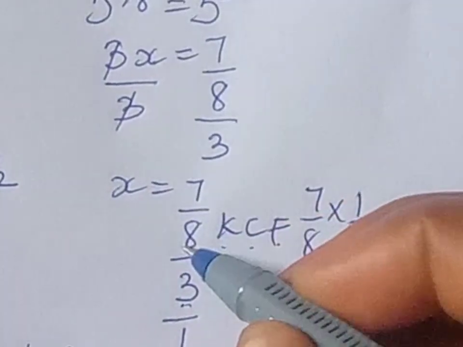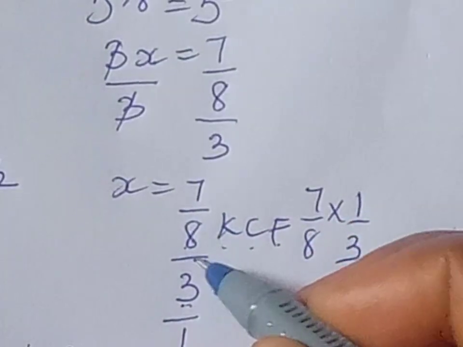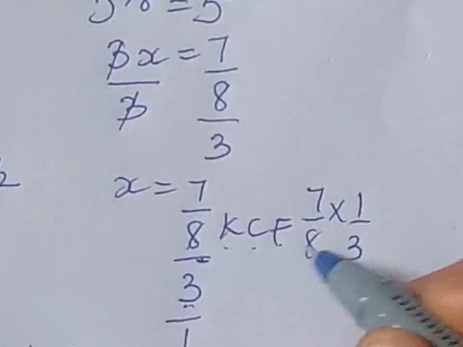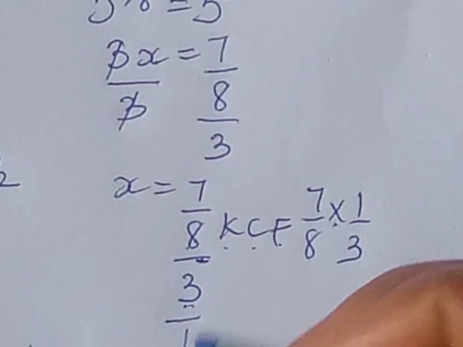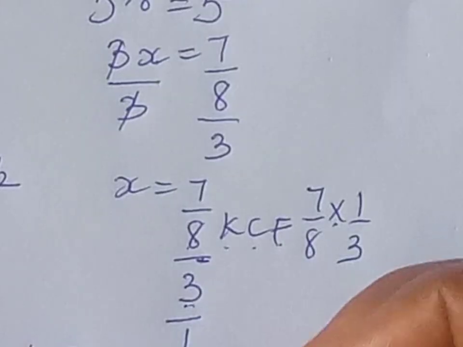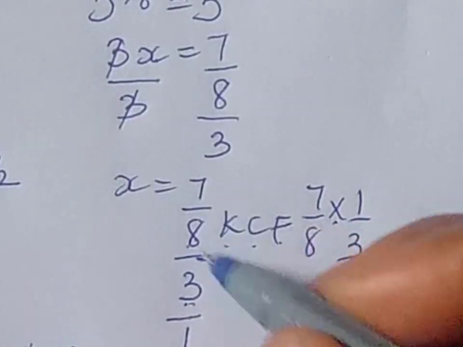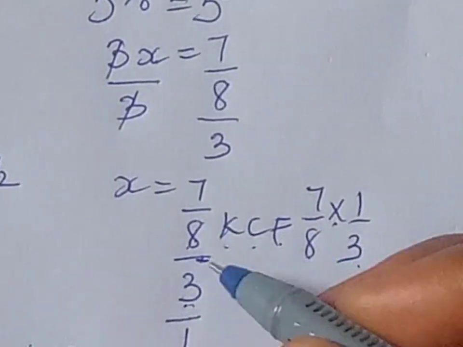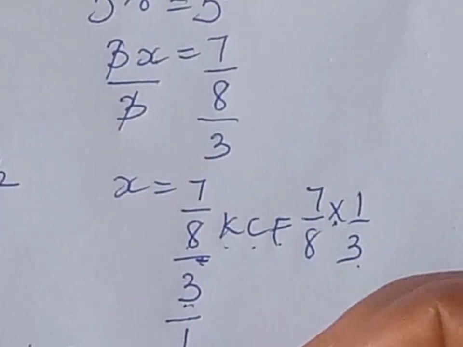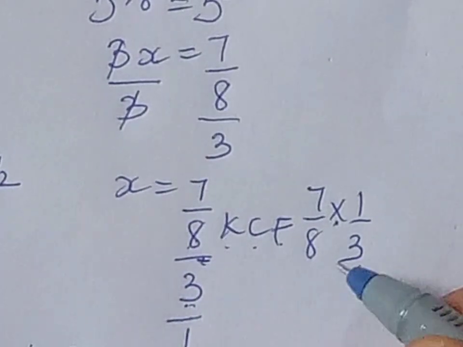So 7/8 we are keeping, then the division sign we are changing to multiplication, while we shall be flipping the 3/1. By the time we flip, this will turn to 1/3. So we are keeping the 7/8 which we have here, change this to multiplication and flip this to 1/3.